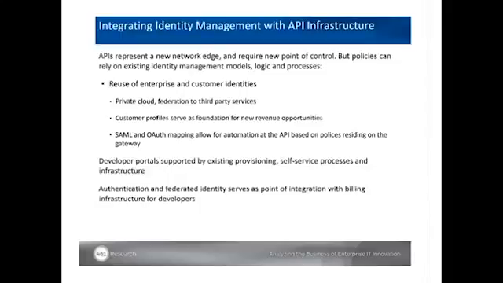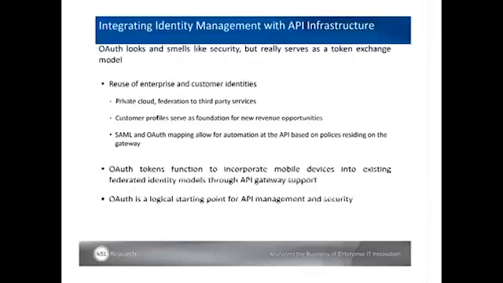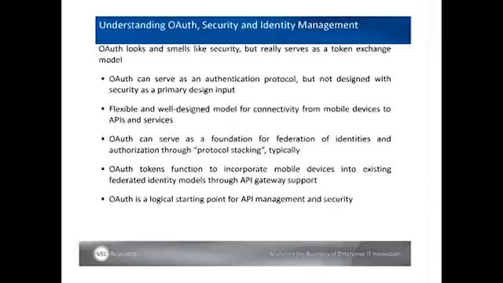Again, to call out where OAuth fits in, it's in providing that connectivity to the API, especially wrapping up authentication from a mobile device, at which point a broader set of access control management policies and rules kick in. So one of the open secrets of OAuth is that it isn't actually a security protocol.